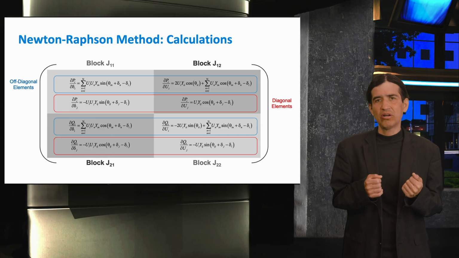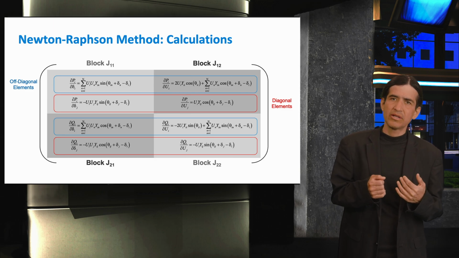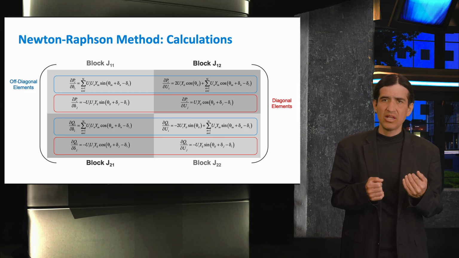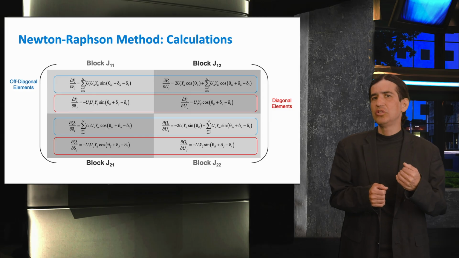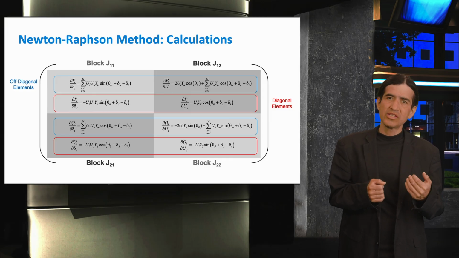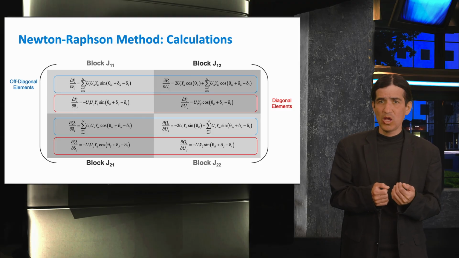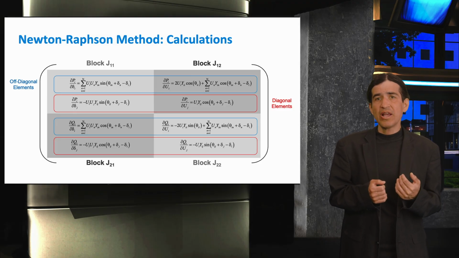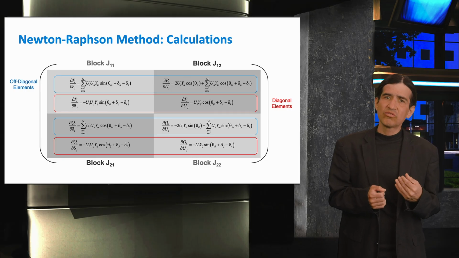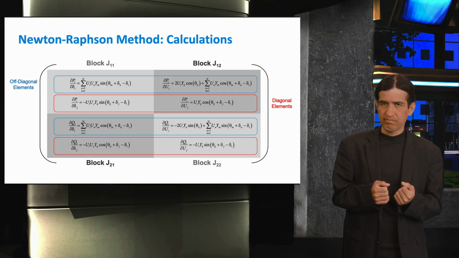The bottom left block, G21, represents how reactive power depends on voltage angles, and the bottom right block, G22, shows the sensitivity of reactive power to voltage magnitudes. This block structure helps to systematically compute the voltage corrections needed to reduce power mismatches and achieve convergence.